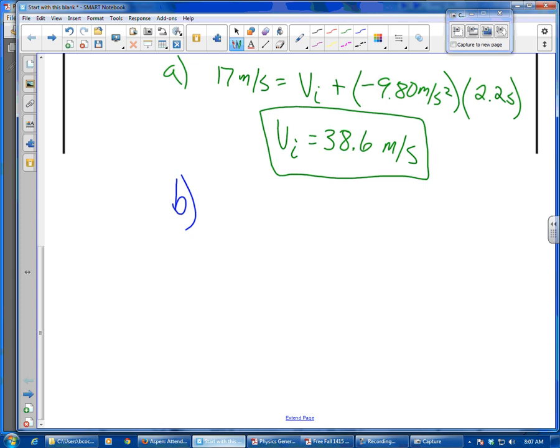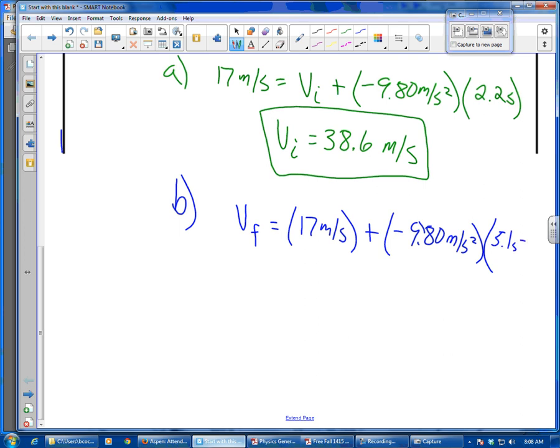So in this, using the exact same equation that we just used, we don't know what it ends up at, so that's our V final. Our V initial is where it started, which is our 17 meters per second, plus still negative 9.80 meters per second squared. And now our delta T would be our 5.1 seconds minus our 2.2 seconds.